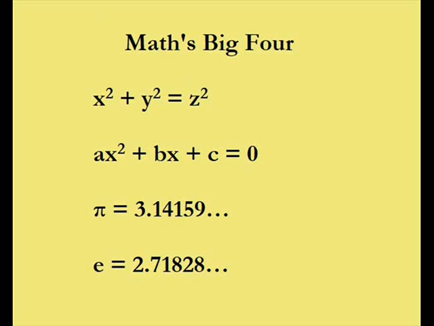The third one is pi, the computation for the circumference of a circle. And the fourth is e, a magical transcendental number that allows you to do, among other things, instantaneous compounding.